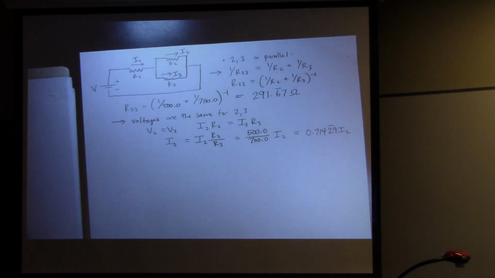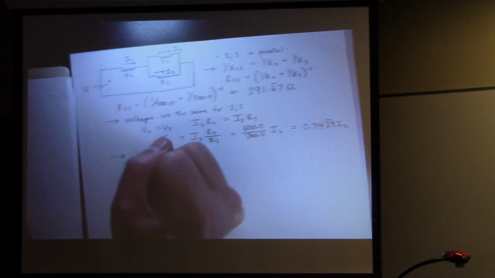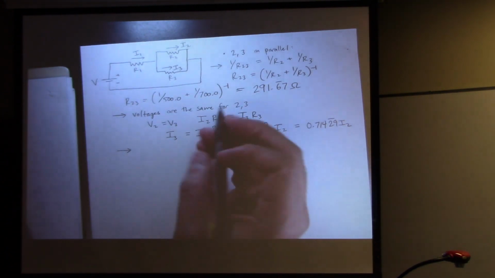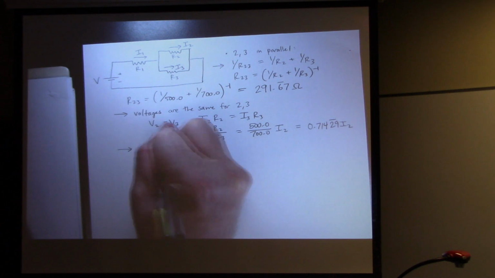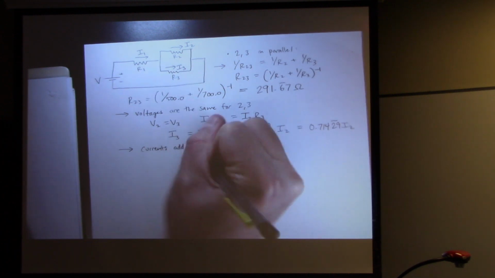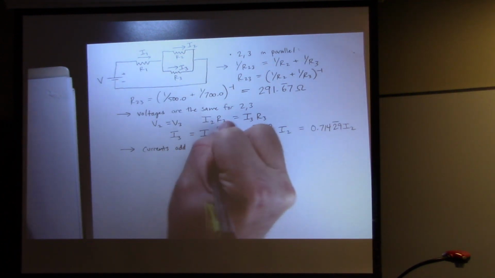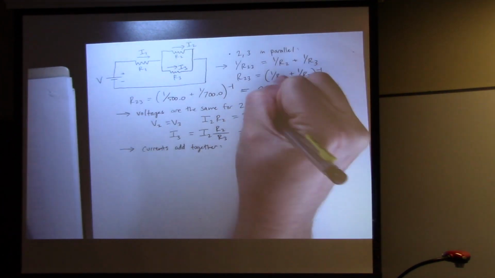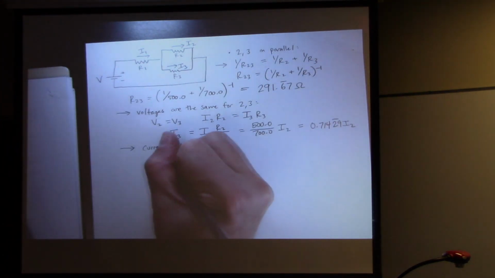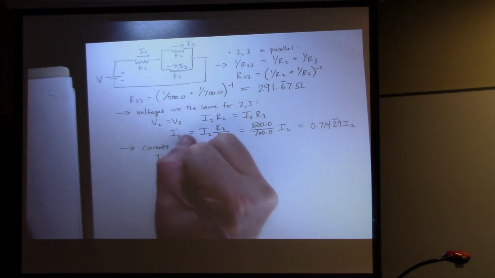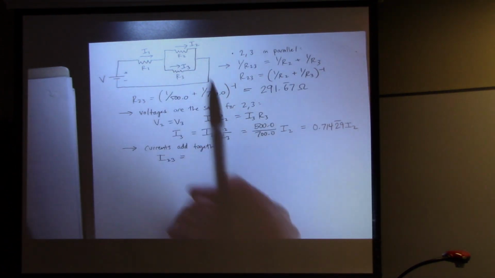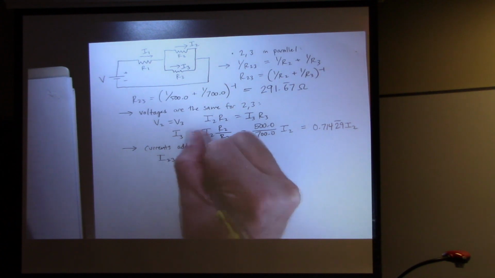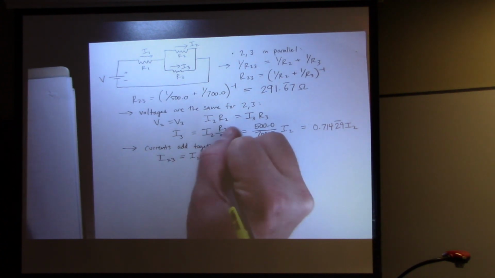Okay, the last thing we can say about these two resistors that are in parallel is that the currents add together. So in other words, call this I23. The total current running through both of these together is equal to I2 plus I3.